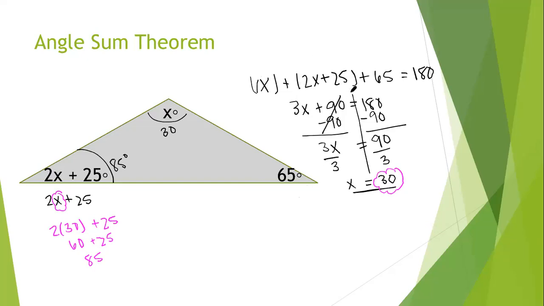So anytime there's an x and there's not a number in front of it, it's a 1x. So the 1x plus 2x got us 3x. 25 plus 65 got 90. We solved for x. And then went back and plugged 30 in for x to find all of our stuff.